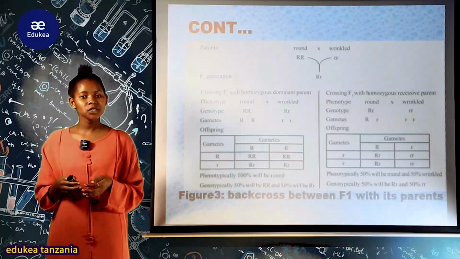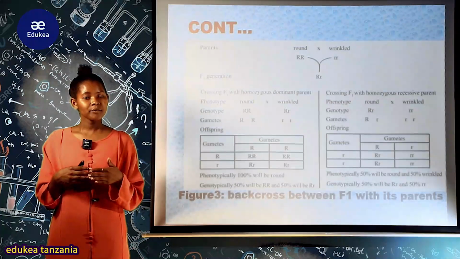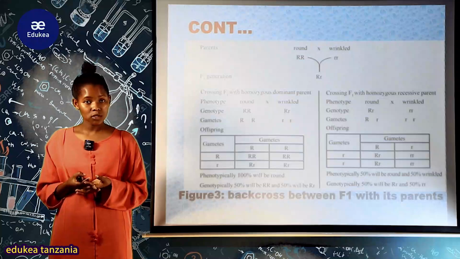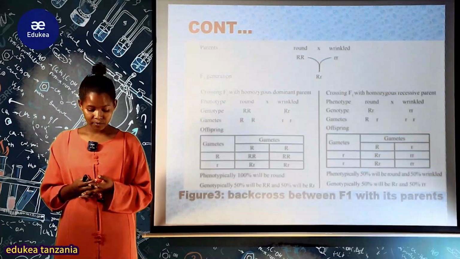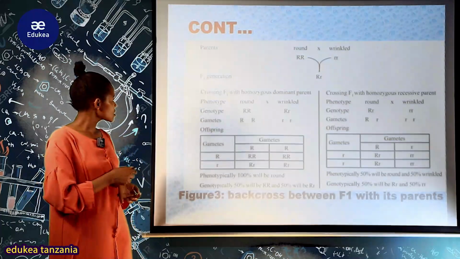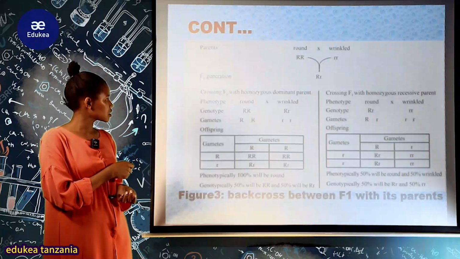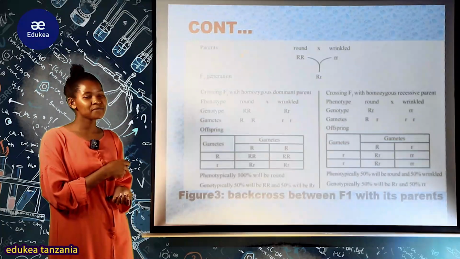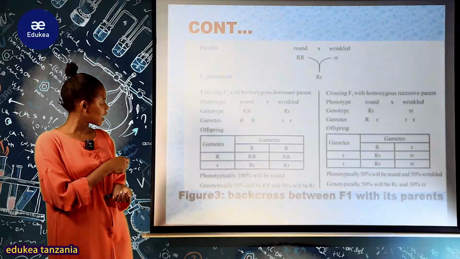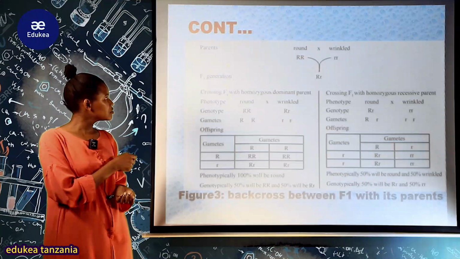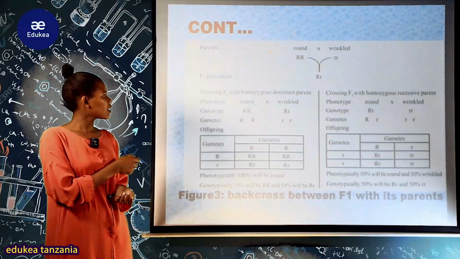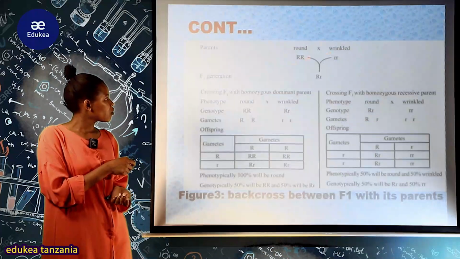I need your attention in this example so that you can understand more what we are talking about. In this example we can see we have parents and we have the F1 generation. These F1 generation are our hybrids. Consider they are hybrids that must go back and be crossed with one of their parents.